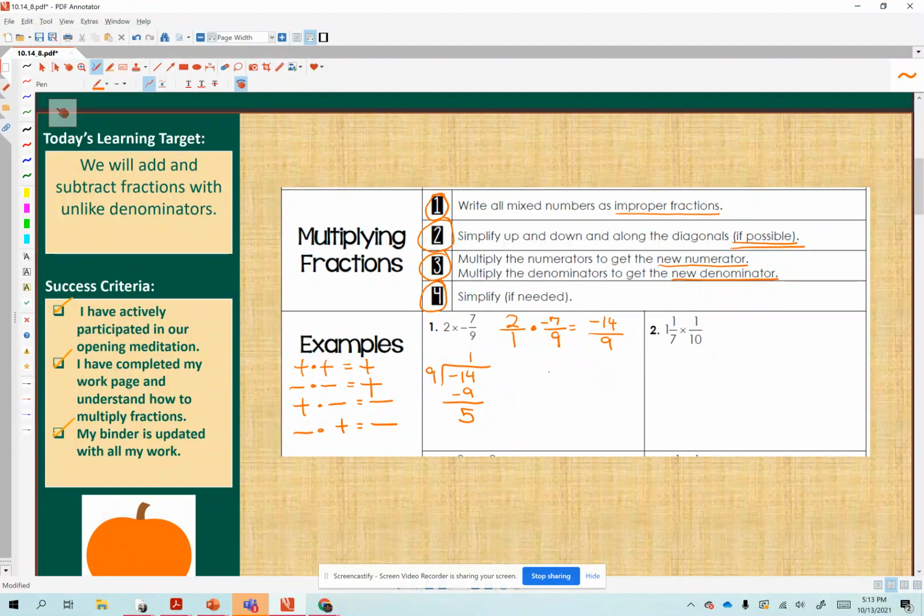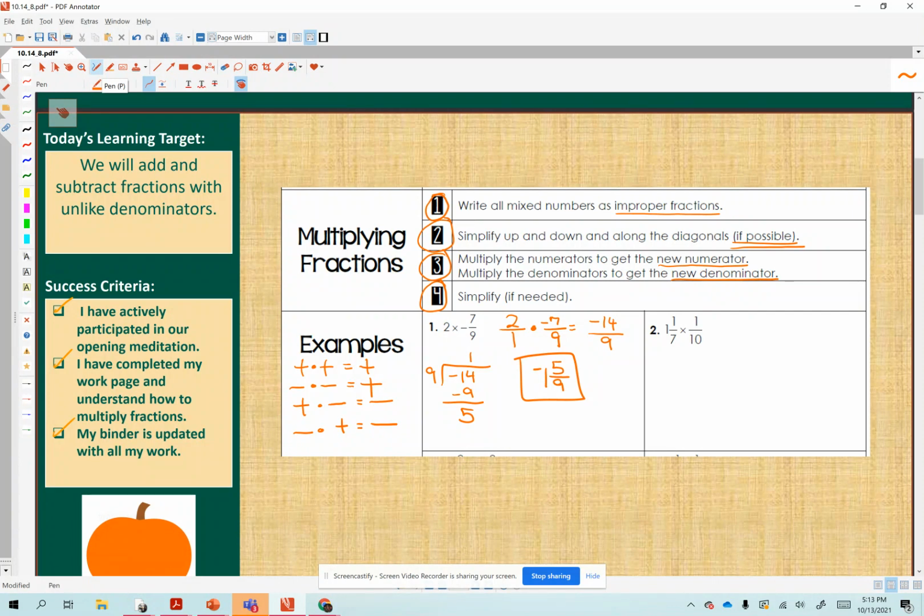So 1 and 5/9 is the mixed number version of 14/9. So our final answer, don't forget the negative sign, negative 1 and 5/9. Let me erase that equal sign so it doesn't get too confusing. There we go.